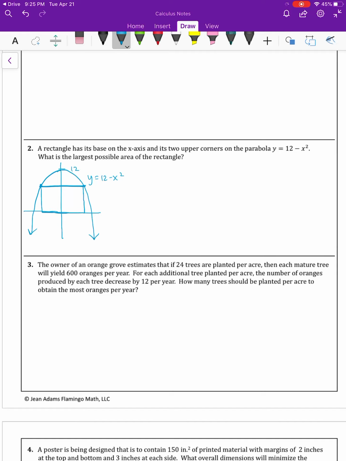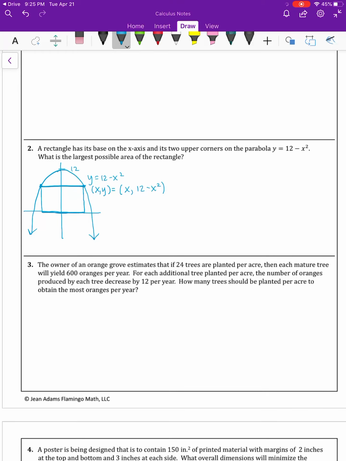And they're talking about a rectangle whose base is on the x-axis, but it's inscribed in that. So a rectangle has its base on the x-axis and its two upper corners on the parabola. Okay, so there are my upper corners on the parabola. Here's my base on the x-axis right here.